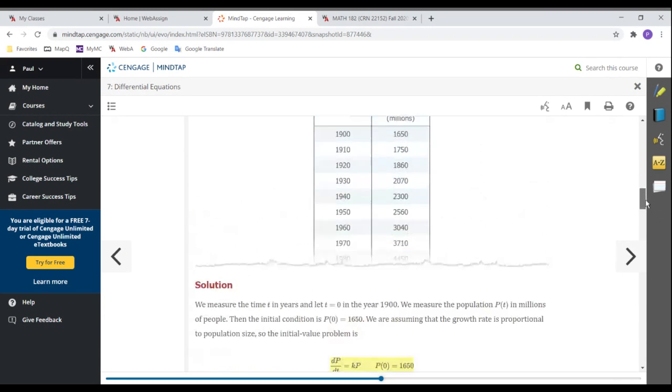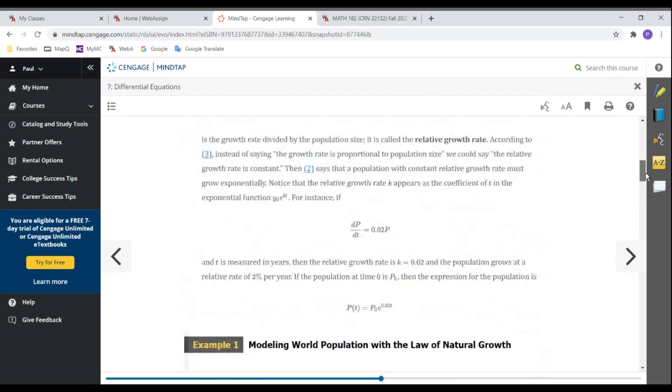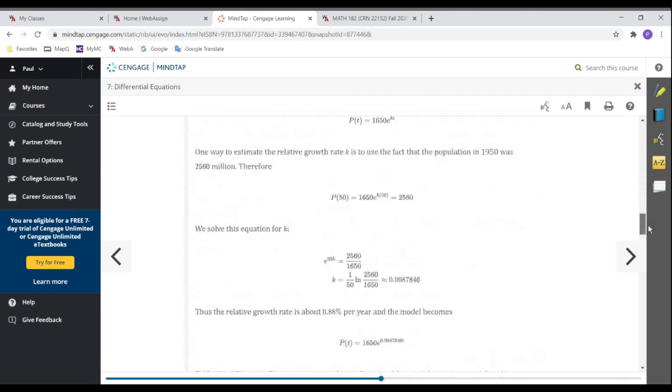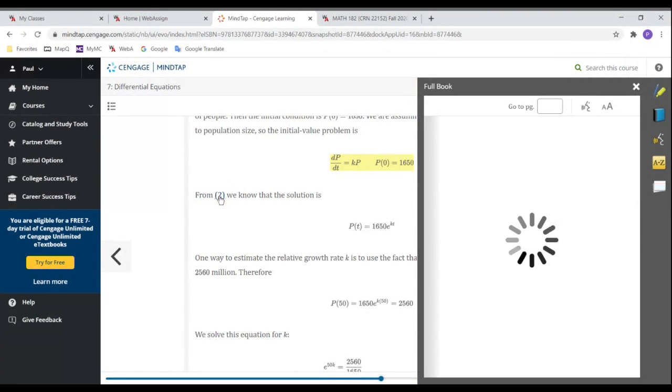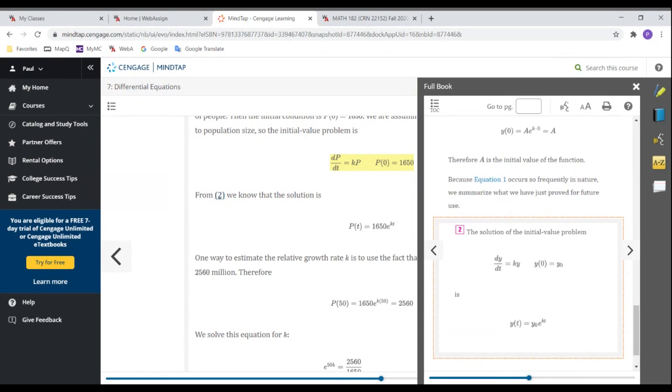We know from 2 that the solution is P of t equals 1650 times e to the kt, where dP/dt equals k times P. The initial population is 1,650 million, that was in 1900, and your units are in millions.